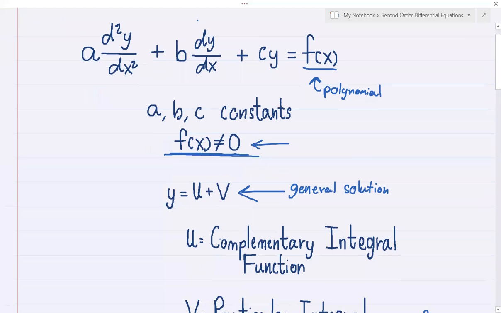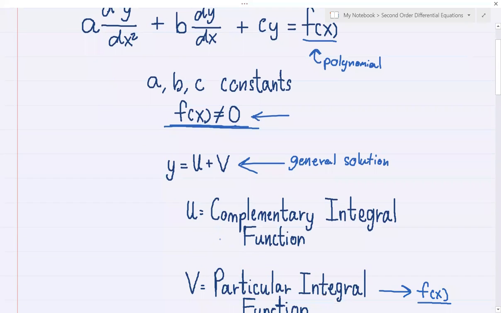Okay? So your u is your complementary integral function. You will get your u function by applying what you have learned in getting the general solution of the second order homogeneous differential equation.